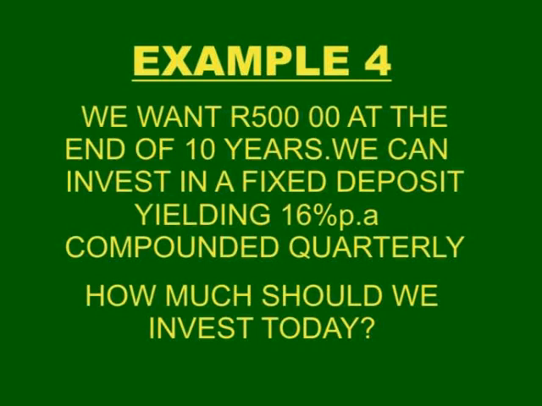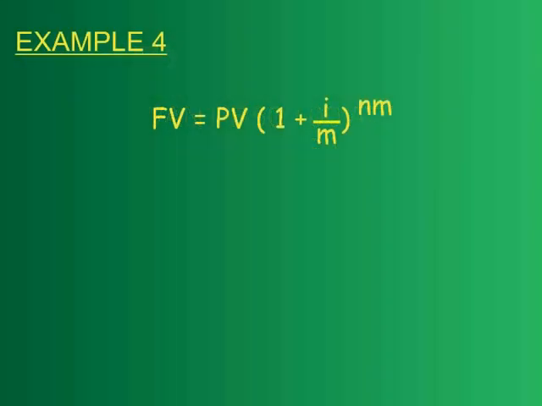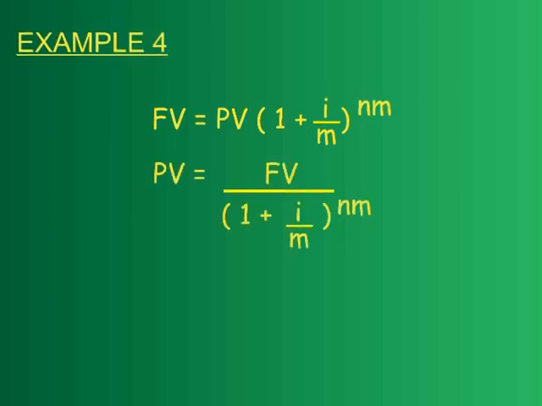Because it's compound interest, we're going to be using the formula future value is equal to present value times 1 plus i over m to the power nm. Again, I'm going to begin by manipulating my formula. Present value, which is what we're looking for, is equal to future value divided by 1 plus i over m to the power nm.